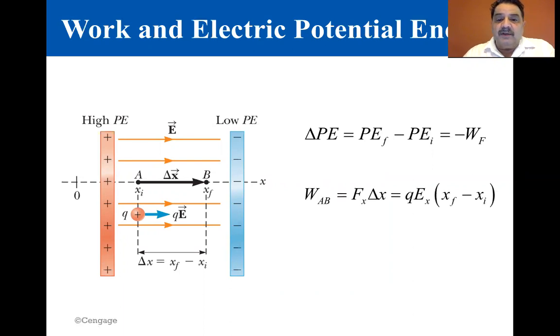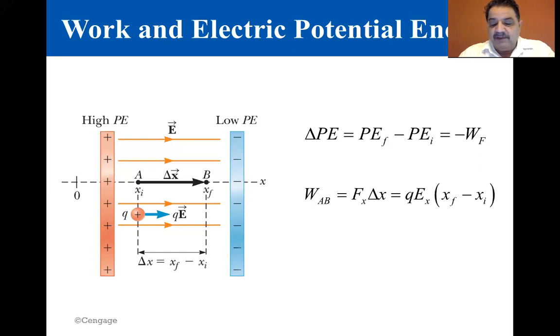Work AB is equal to force along X times delta X, equals Q E_x times (x final position minus x initial position). In this expression, Q is the charge and E sub x is the vector component of E in the x direction, not the magnitude of E. So E sub x can be positive or negative depending on the direction of E. Note that in this figure, E_x is positive.